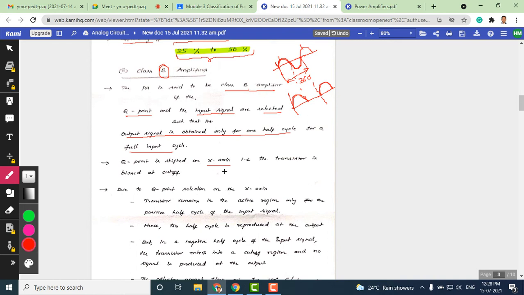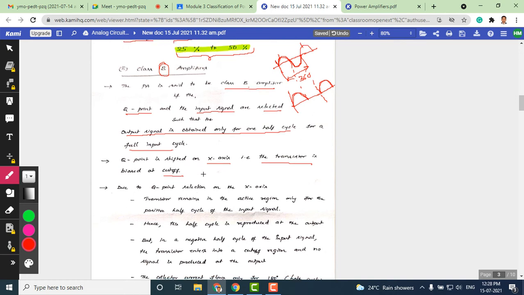The Q point can be placed anywhere on the DC load line. If it is on the midpoint of the DC load line, it is called class A. If the Q point is shifted onto the x-axis, it is called class B. Once it is shifted onto the x-axis, the transistor is biased in the cutoff region. This is the feature of the class B amplifier.